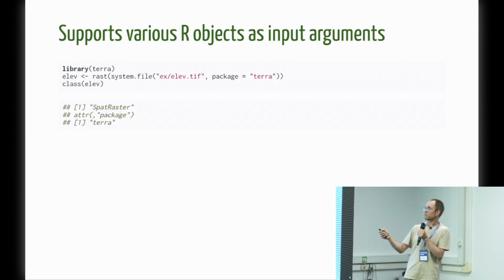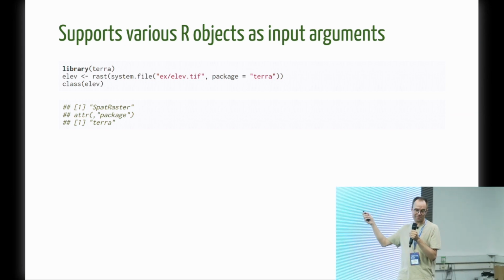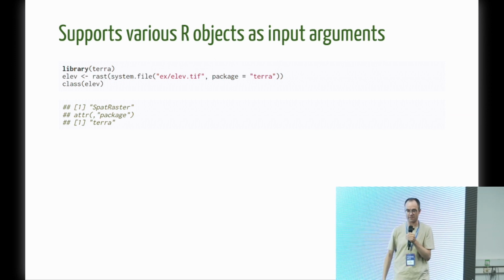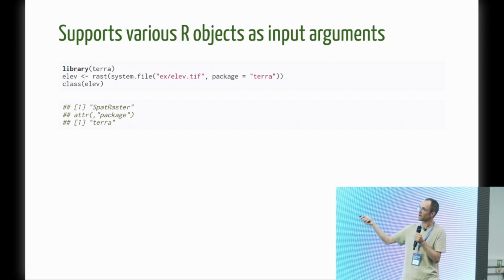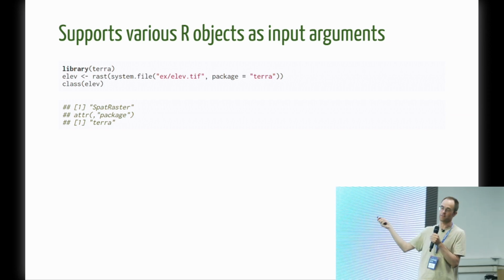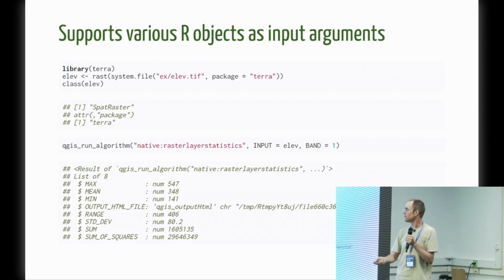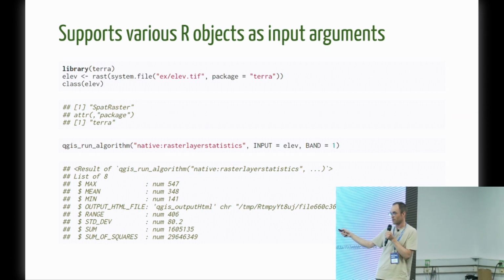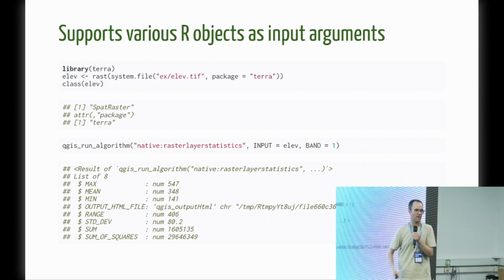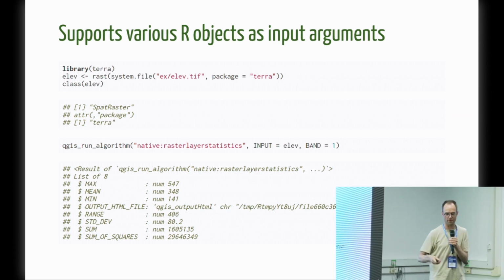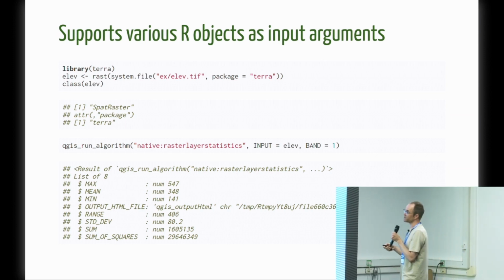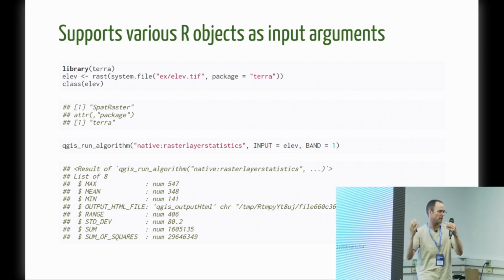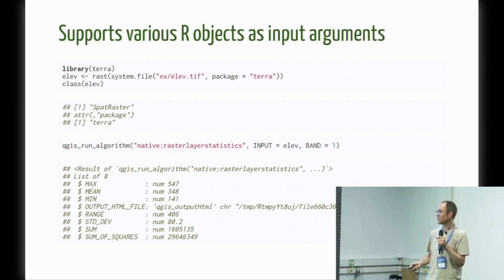An example here: we load the R package terra, load a GeoTIFF file, and assign it to the lf object. We can see it is a SpatRaster object, and now we can run an algorithm. For example, we requested statistics and we just pass lf as input. We don't have to refer to any file, which is especially handy when you have already processed something in R and only have it in memory.